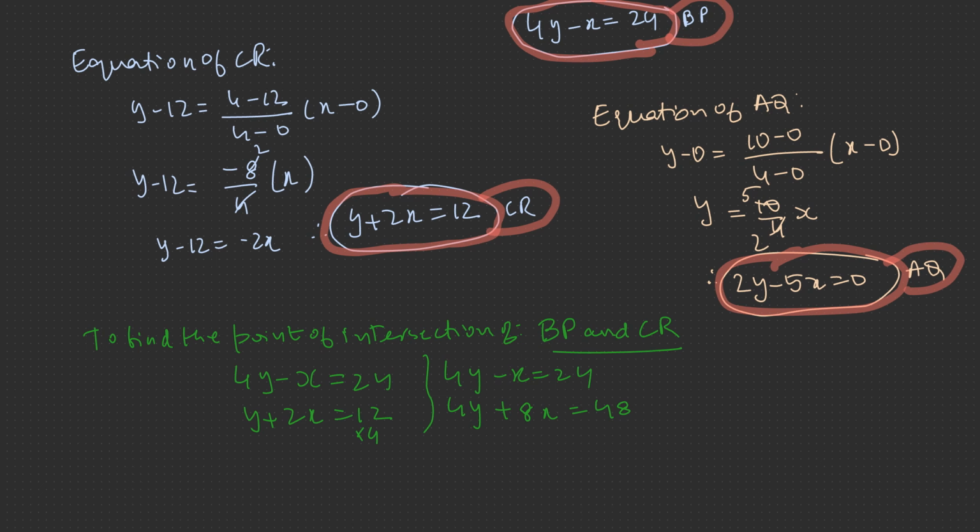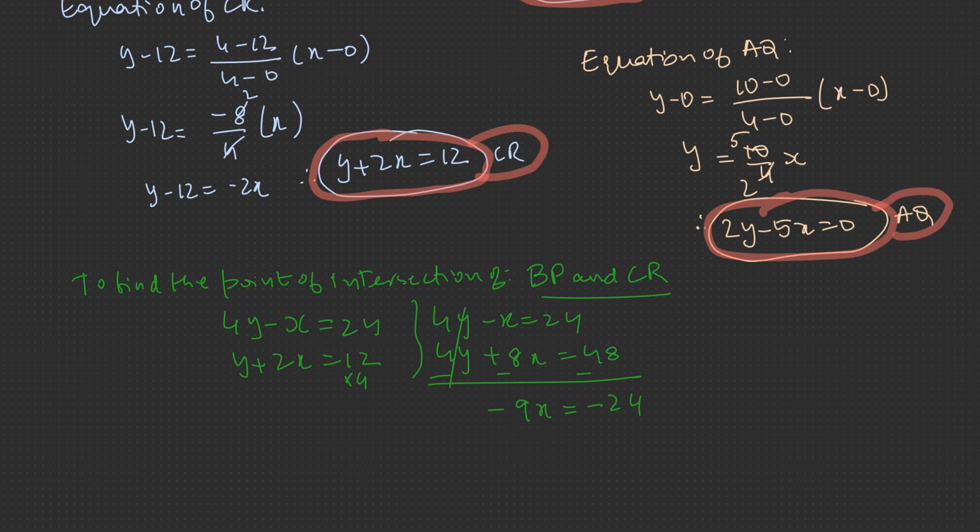If I were to subtract, I would get minus 9x is equal to minus 24. So I get x is 24 over 9, that is 8 over 3. So we get x is 8 over 3.